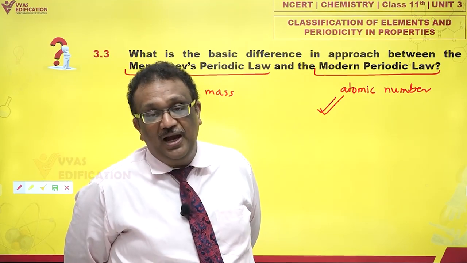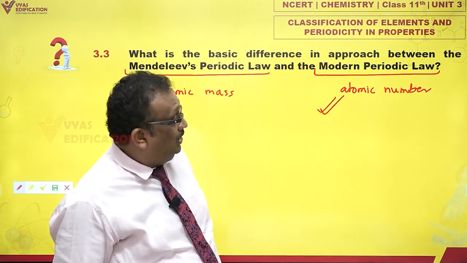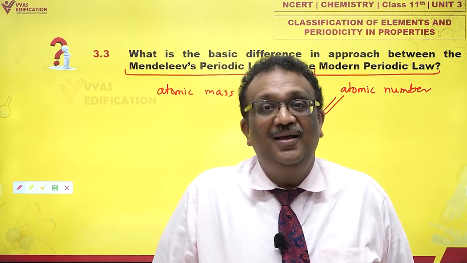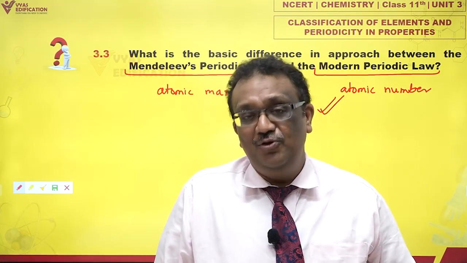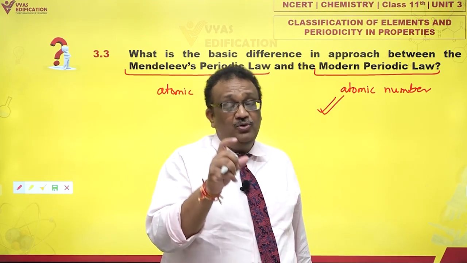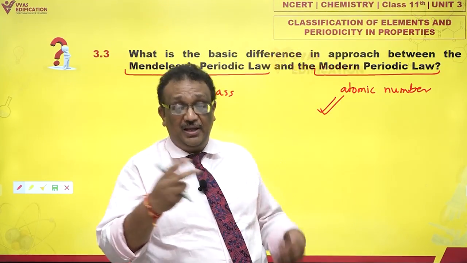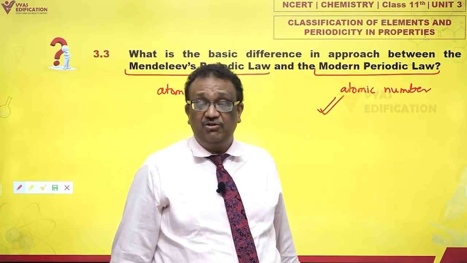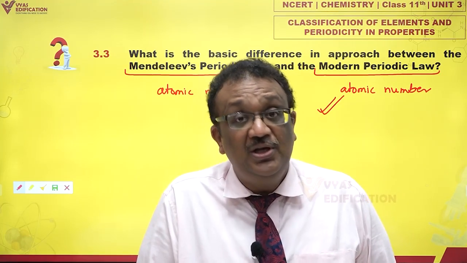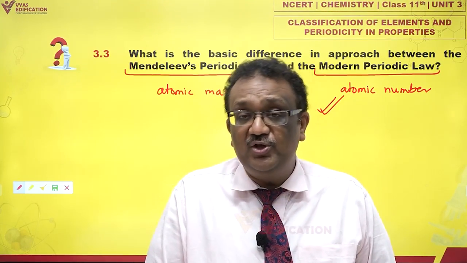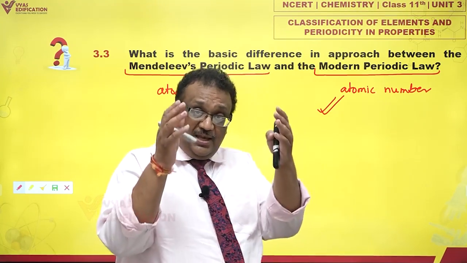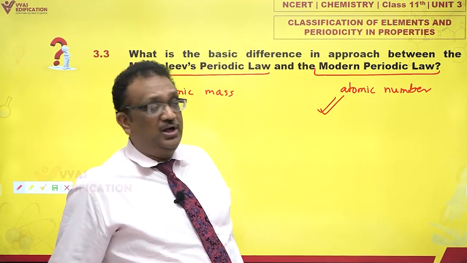One of the very big advantages was that all the isotopes, because isotopes have the same number of electrons, they just differ in number of neutrons, right? Since electrons are the ones which are responsible for chemical reactions, chemical bonding, etc., and if electrons are arranged exactly in the same fashion in isotopes, you find that chemical properties of isotopes are very similar. So they should be in the same group or in the same location of the periodic table.